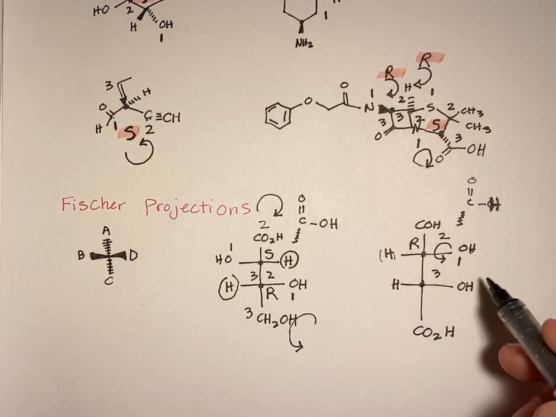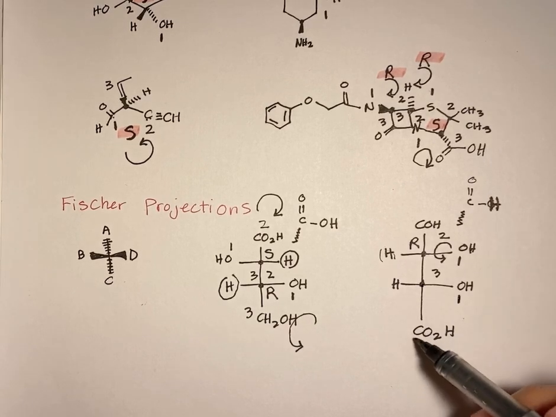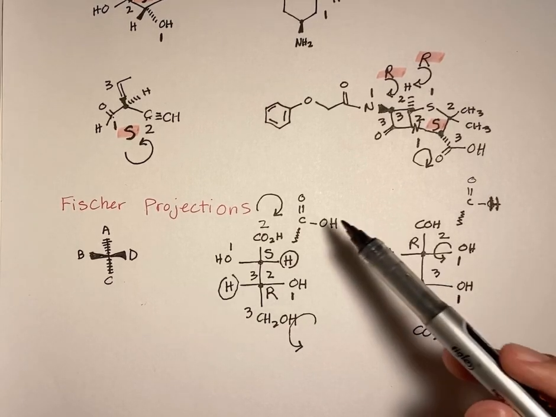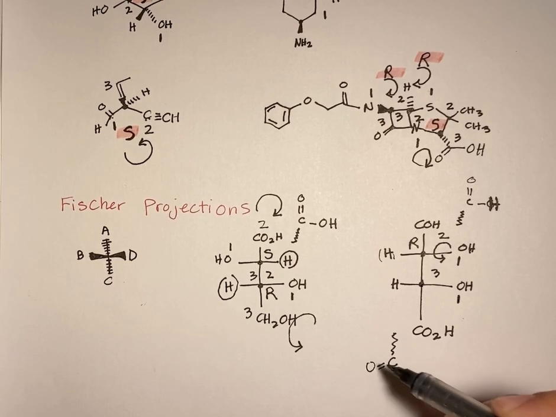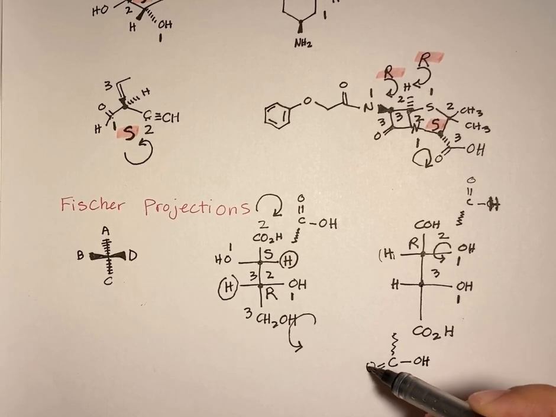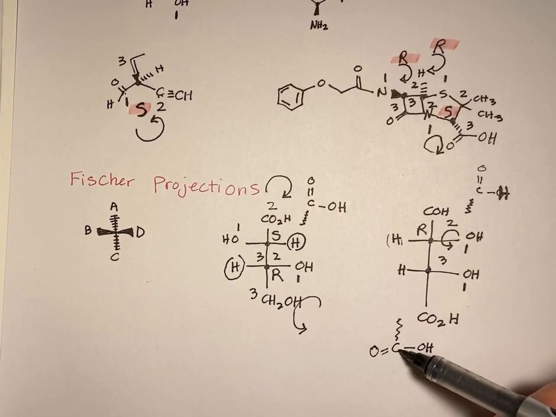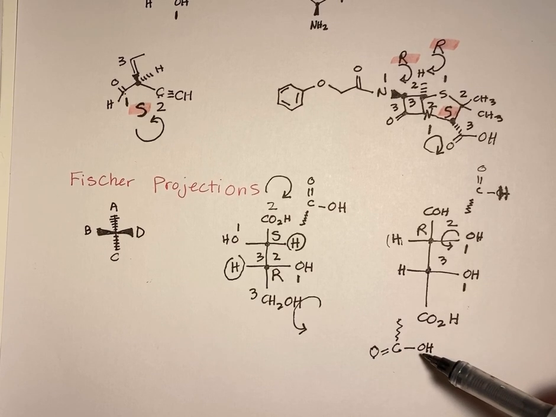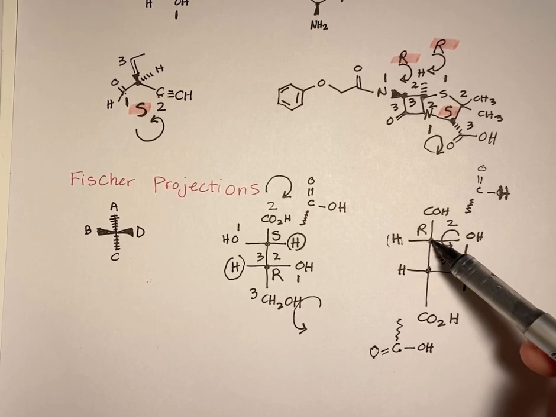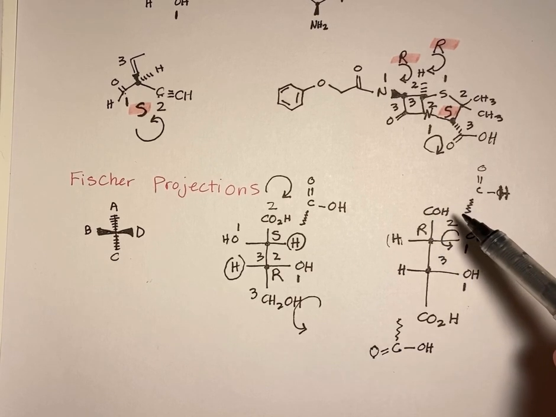Then for the one on the bottom, OH gets the first priority. Between these two, remember this CO2H group, it's the carboxylic acid. So I'm going to draw it like this. And so here we have carbon double bonded to oxygen, single bonded to another oxygen, versus here we have carbon only single bonded to an oxygen and single bonded to a carbon.